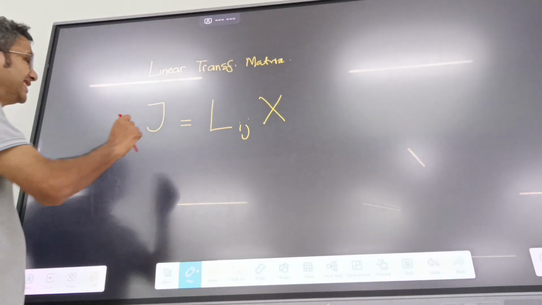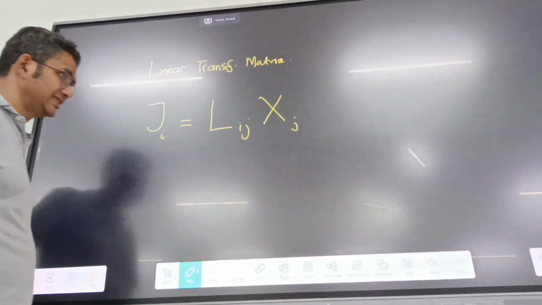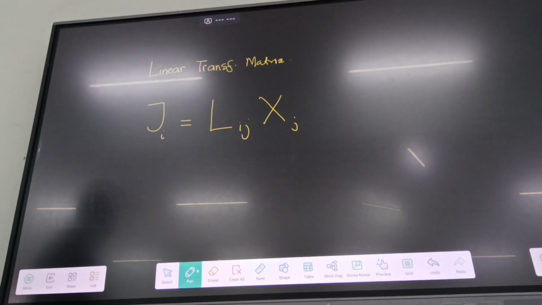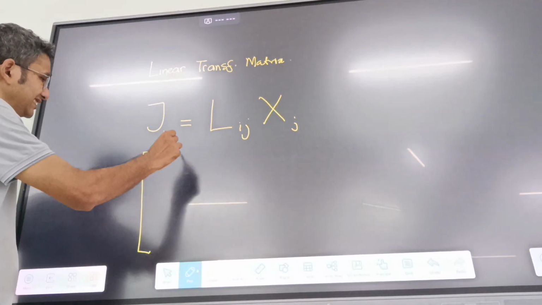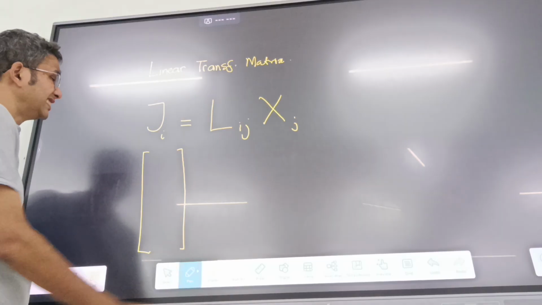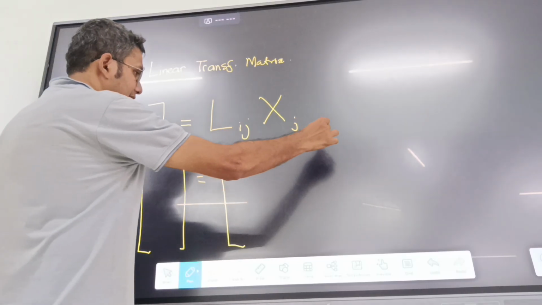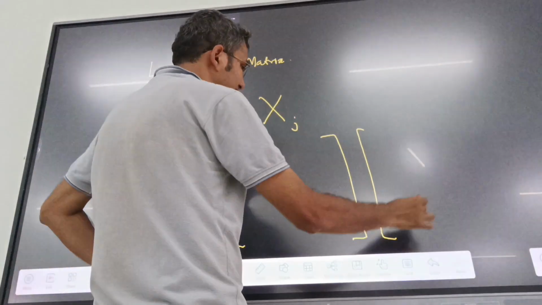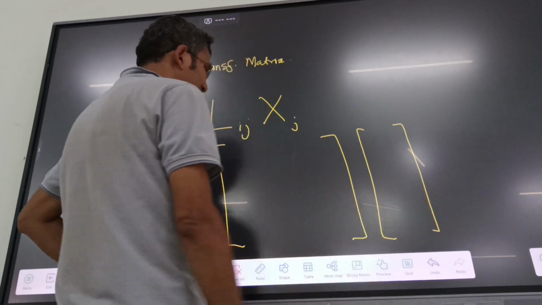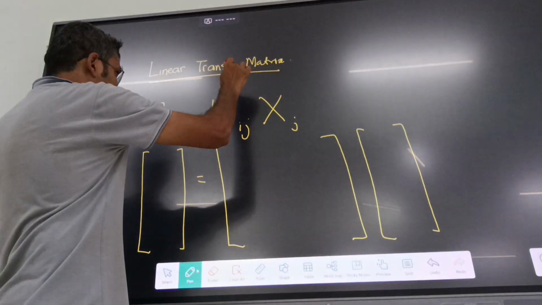So this is I and J. इसमें कुछ प्रॉब्लम नहीं है, it's very much clear. So this is the column matrix. So this is a 3x3 matrix, and again this is the column matrix, and this is the linear transformation.